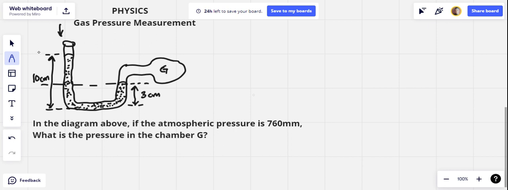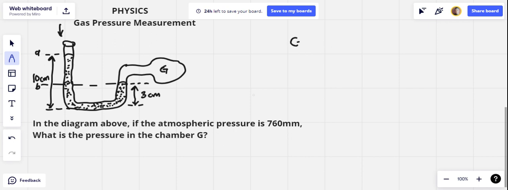If I call this place A and this place B, the pressure of this gas will be the pressure height from A to B plus the pressure from the atmosphere. Do we understand? So let's get this done.